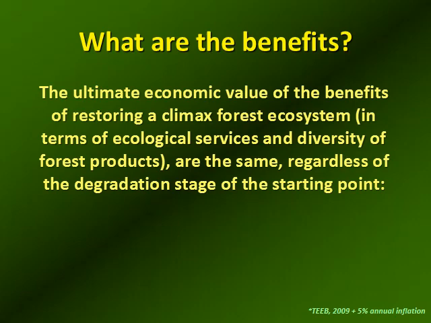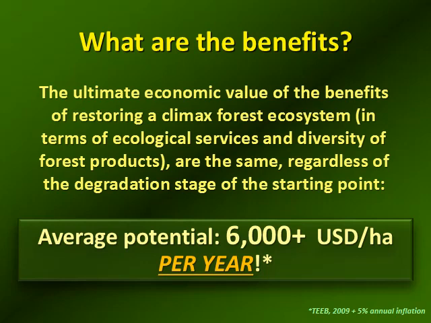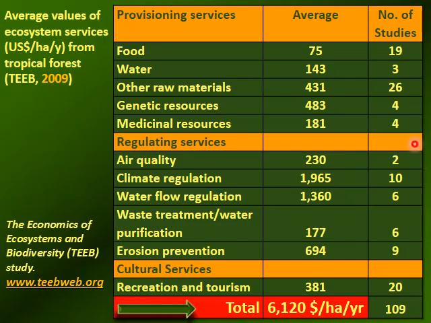You're still going to get back to a mature forest ecosystem, and that mature forest ecosystem is worth $6,000 per hectare per year. These figures come from a study, the Economics of Ecosystems and Biodiversity study. You can look it up online.